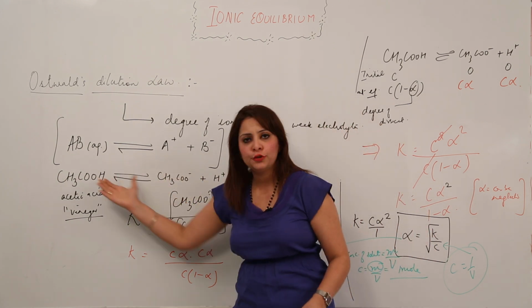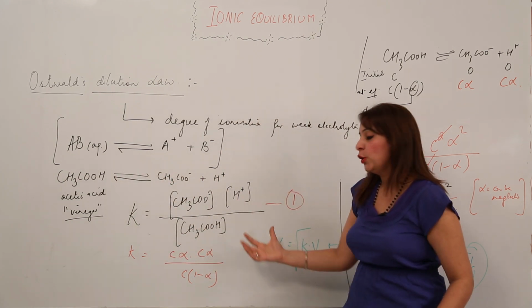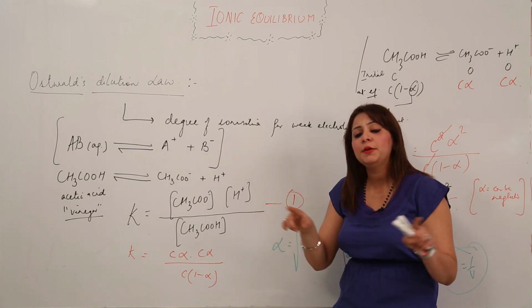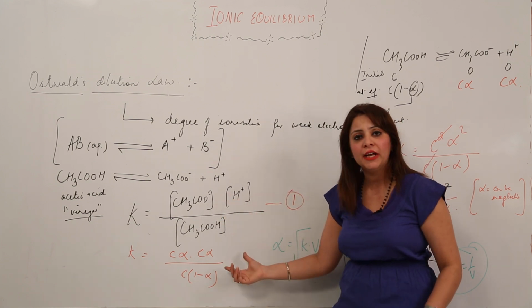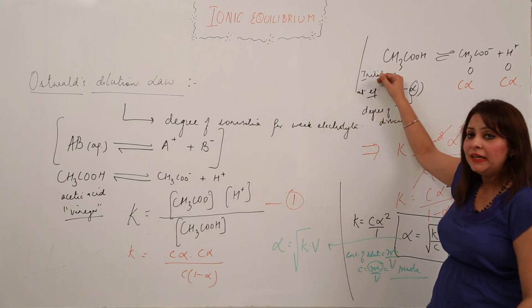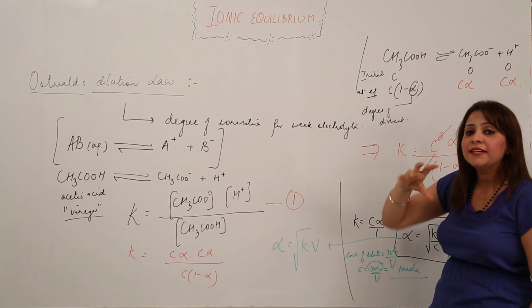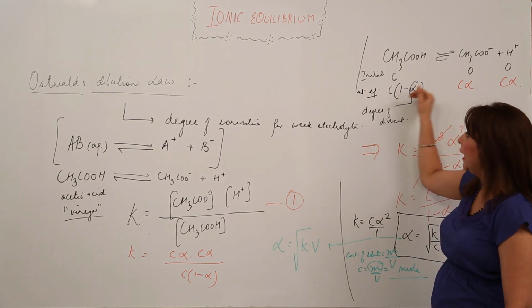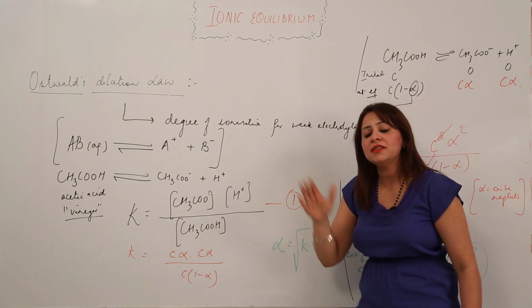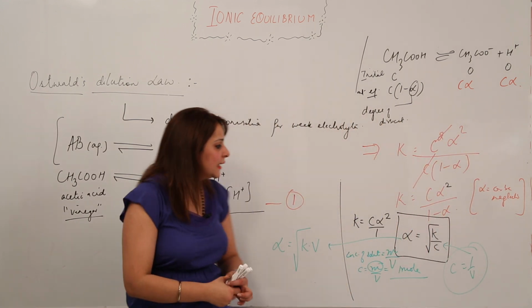Then I wrote the equilibrium constant expression, the concentration of products divided by the concentration of reactant. Then I took the concentrations as C initially and 0, 0, and at equilibrium C into 1 minus alpha, C alpha and C alpha. I substituted these values and solved the equation, and what do I get at last?